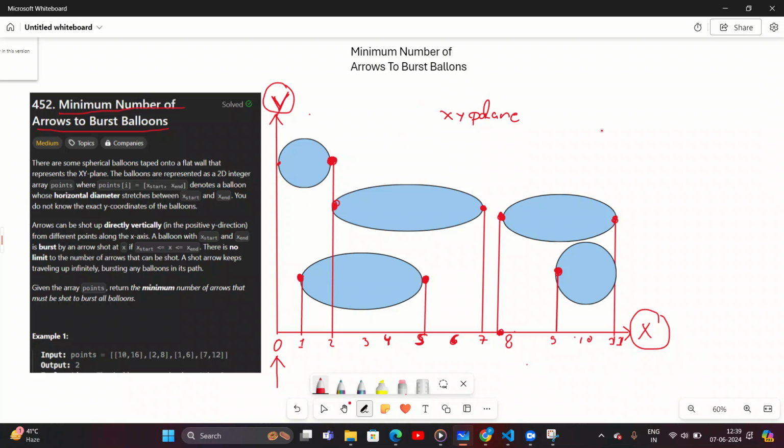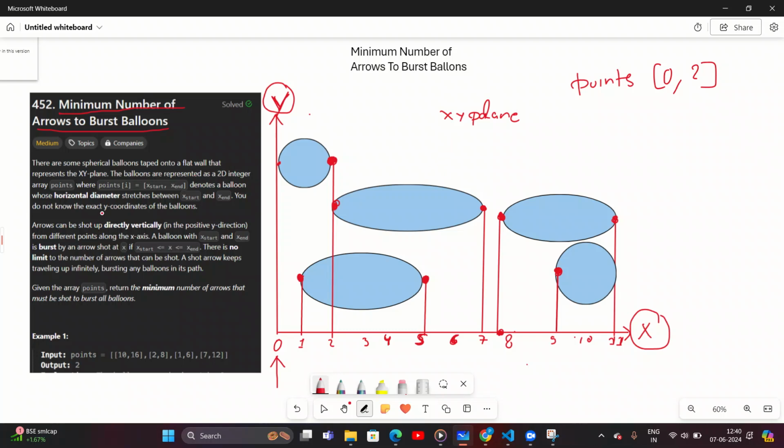Now we have created a 2D array named points that represents the starting and ending points of these balloons. Suppose the first balloon we can see has starting point 0 and ending point 2, and in between this balloon is enclosed.